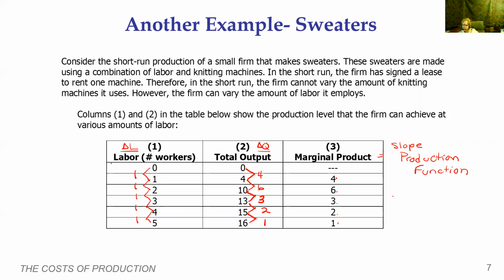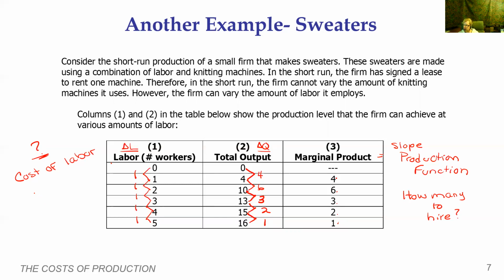So here's my question to you: how many workers to hire? Now, most of you would say, okay, I'll take the 5th worker because I am still getting some output. And again, we are kind of ignoring some questions that we would really need to answer this well, and that is, what's the cost of labor? What are we paying our workers per hour?